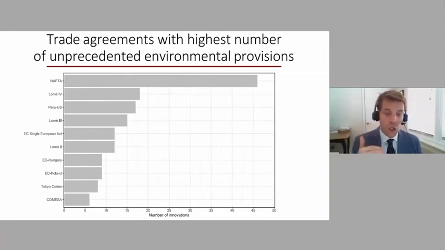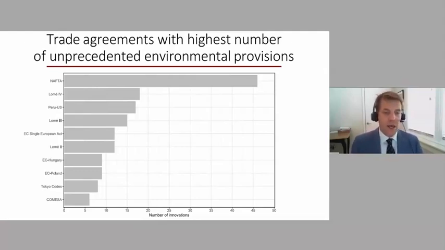So as far as I know, the first international treaties to mention climate change were actually trade agreements. Some of them, even at the end of the 80s, were mentioning global warming. So all this to say that the European Union is also quite innovative in some of its trade agreements, but by far the most innovative agreement was NAFTA, and especially its side agreement.